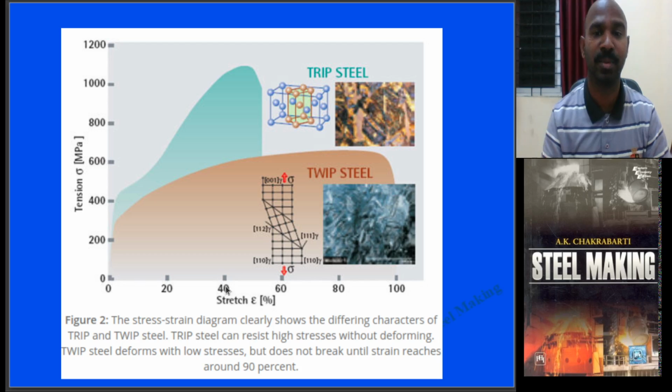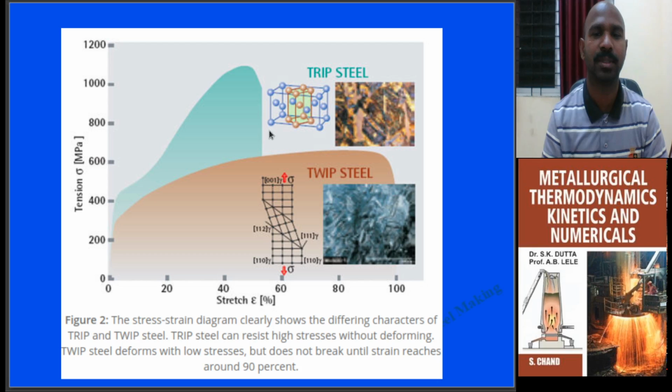But the elongation, you can achieve 100% elongation in the case of TWIP steel because of the twins, but you will not get that much in the case of TRIP steel. It is around 50 percent.